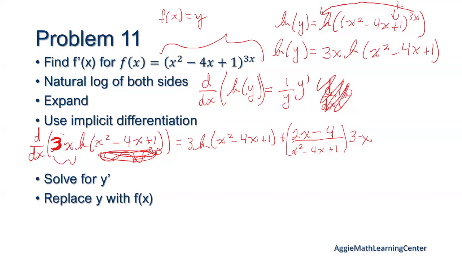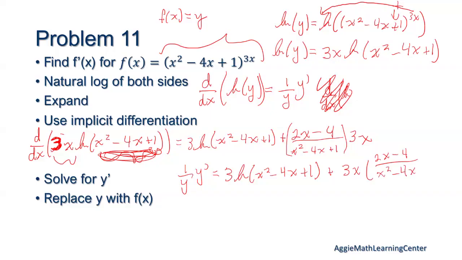Okay, so now I've taken the derivative of both sides. So now we're gonna put this back in. So we're gonna have 1 over y times y prime equals 3 natural log of x squared minus 4x plus 1 plus, I'm gonna put the 3x out front so we don't lose it, 2x minus 4 over x squared minus 4x plus 1.